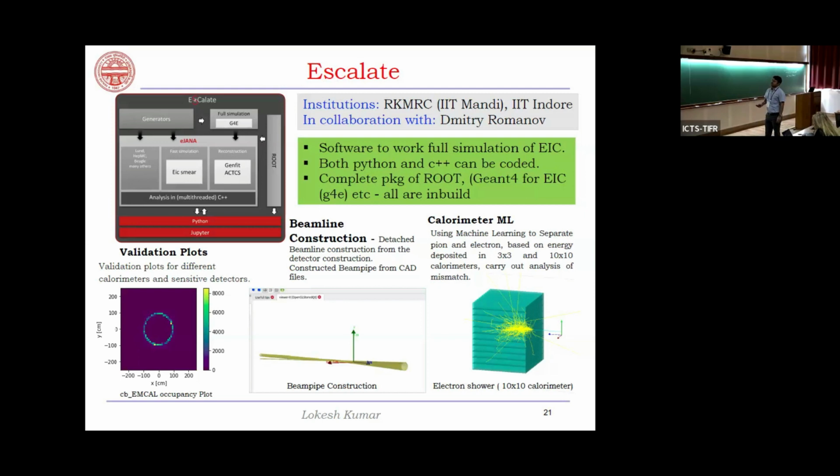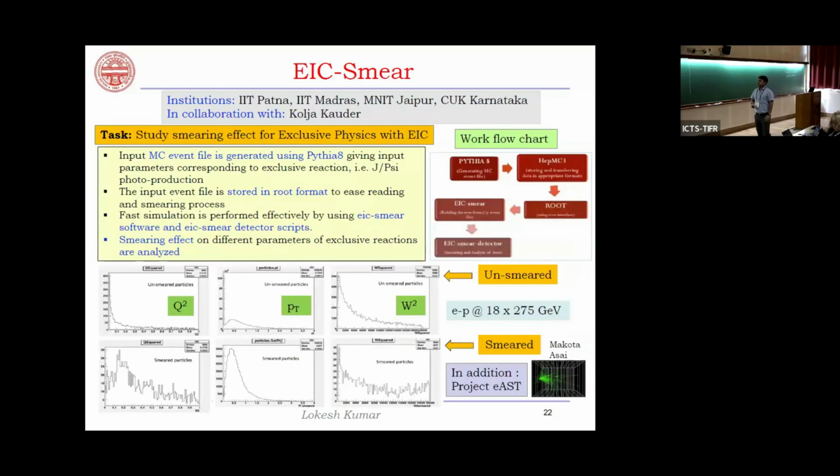All are inbuilt. These are some validation plots: beam pipe construction, calorimetry using machine learning to separate electron and pion energy deposition.